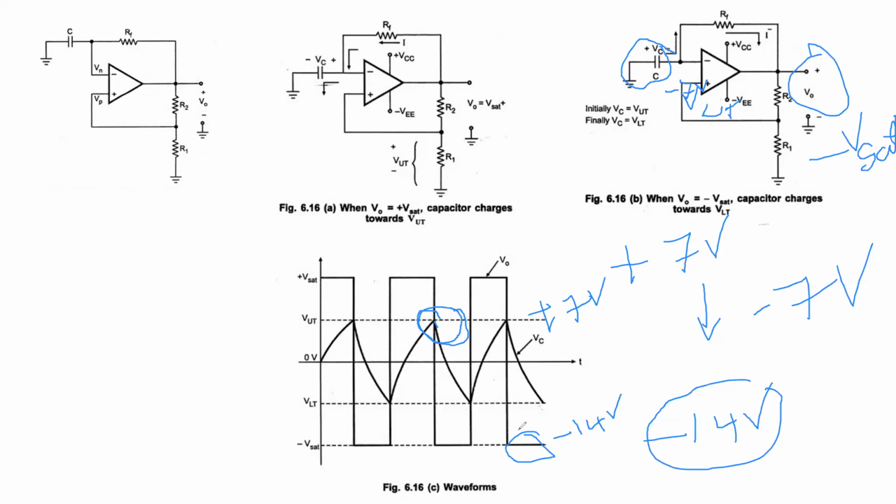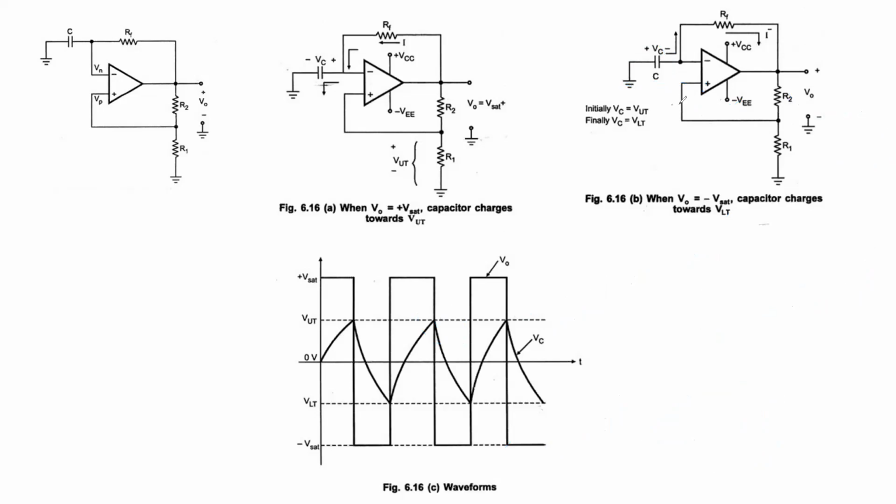Now the capacitor voltage becomes -7 volts, which is VLT, and whenever the capacitor voltage becomes -7.1 volts, which one is more? -7 volts is more when compared to -7.1. What is the output now?